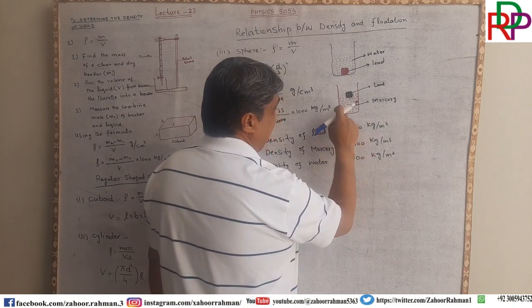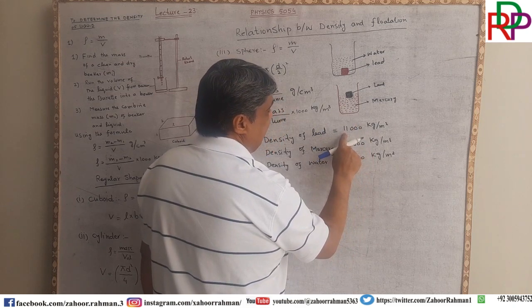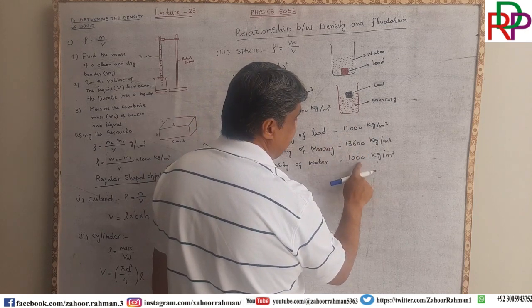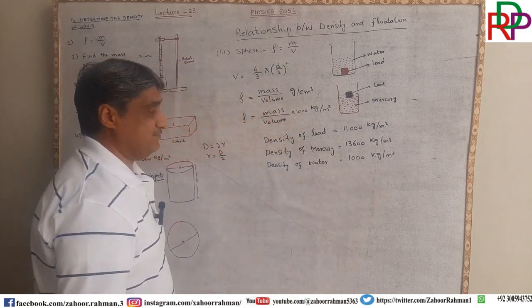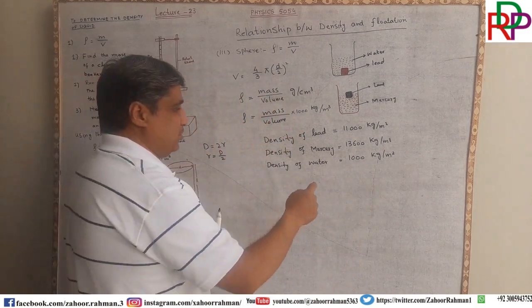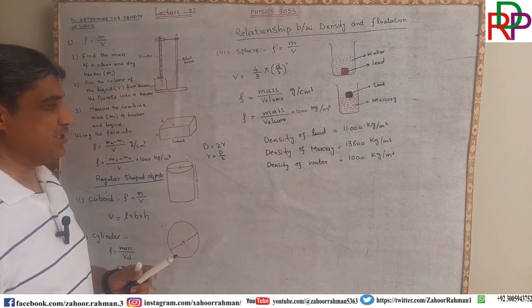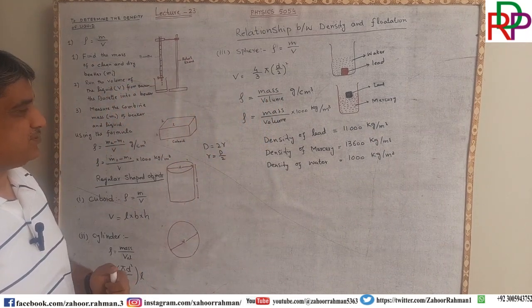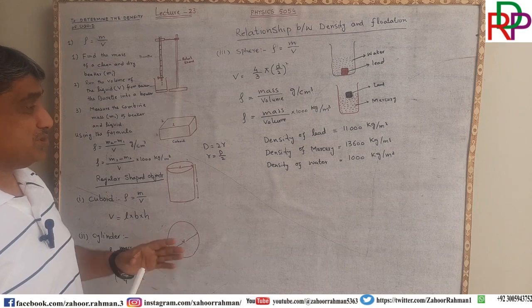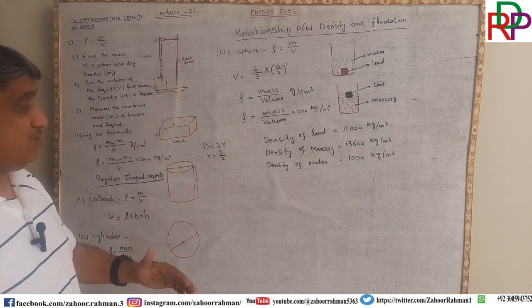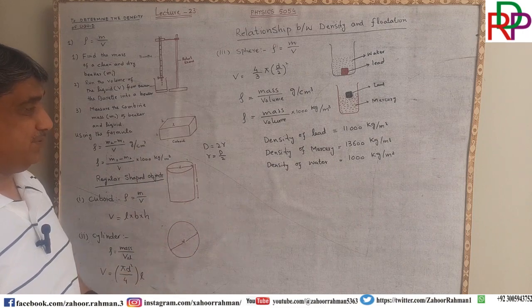But in the other case, the 11,000 of lead is greater than the density of water. Yesterday, I showed you a table in which the densities of liquids, gases, and solids were given. So study that and see which thing can float inside which liquid.